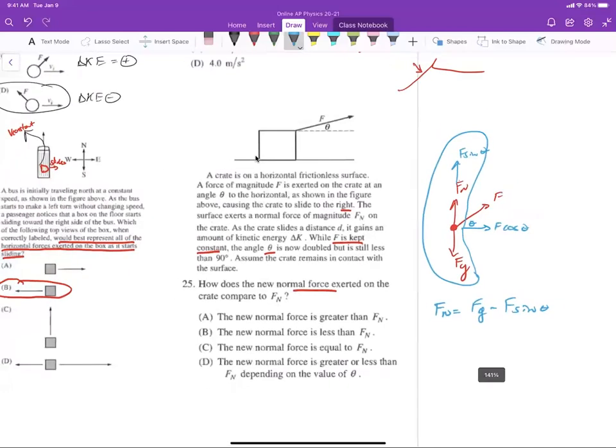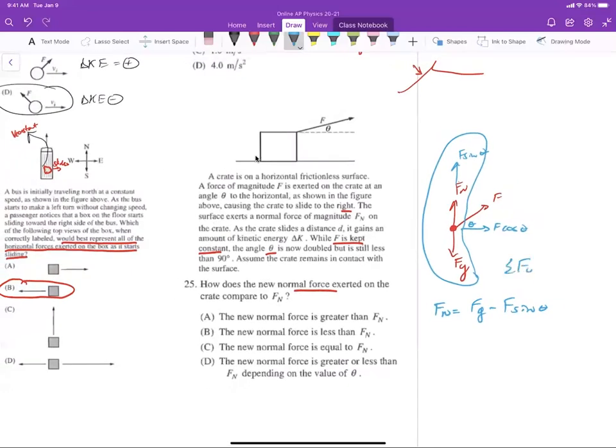I skipped a bunch of steps there: sum the forces in y, they're equal to 0, and add all the forces up. If I increase my angle, sine theta becomes a larger fraction, which means the force normal goes down. So the new normal force is less than the original.